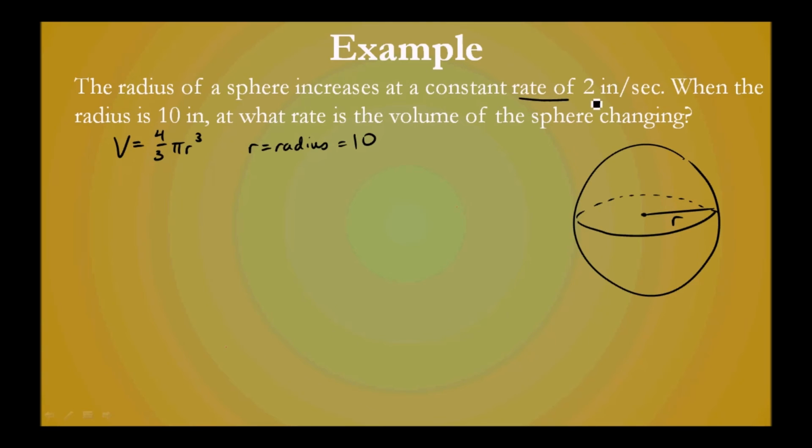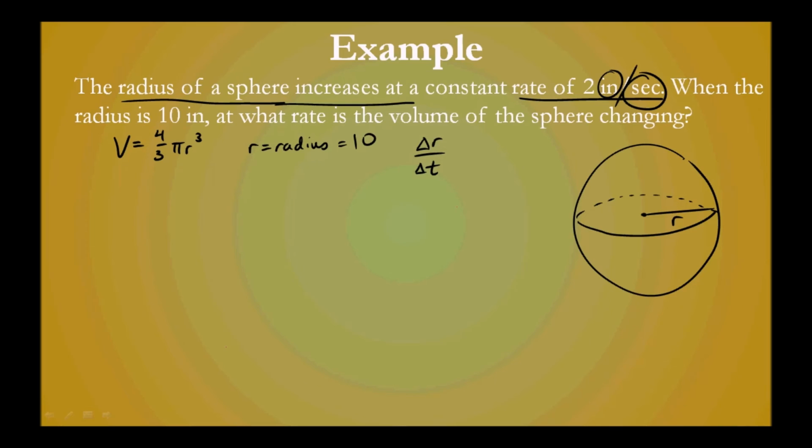So the constant rate of 2 inches per second is what? It's the change of the radius of the sphere with respect to time, because we're changing per second. So what does this mean? We have a change in radius divided by a change in time, because radius is measured in inches, divided by the time measured in seconds, so change in r over change in t.